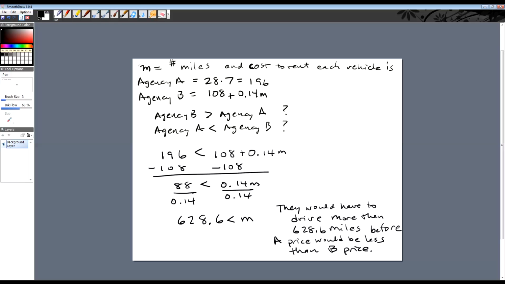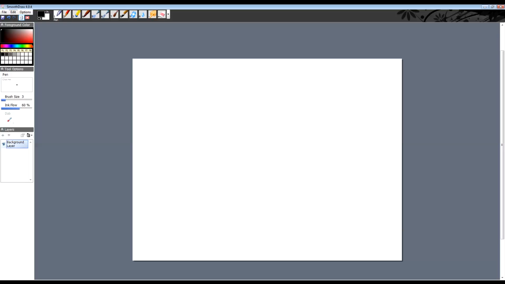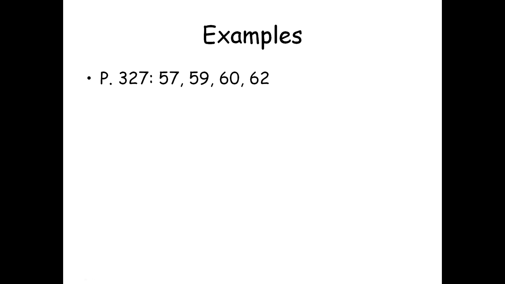So again, you have to carefully read the problems and create your inequality and then solve the problem. That's all the concepts here for chapter 7, sections 7.4 and 7.5.